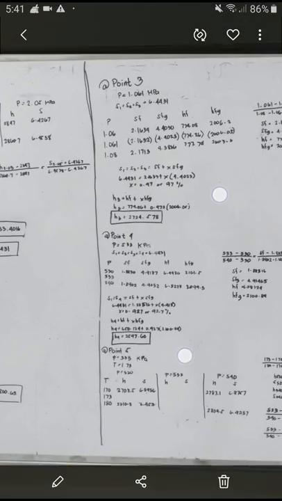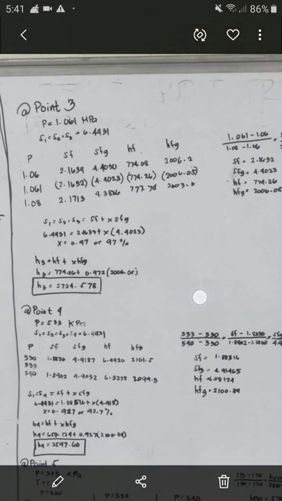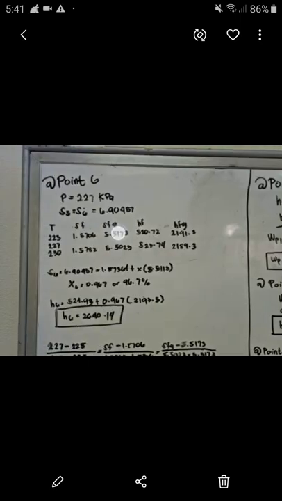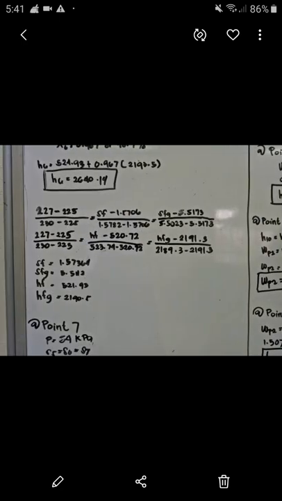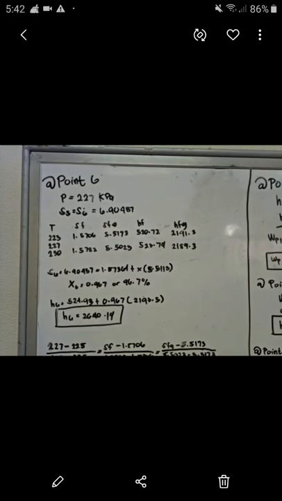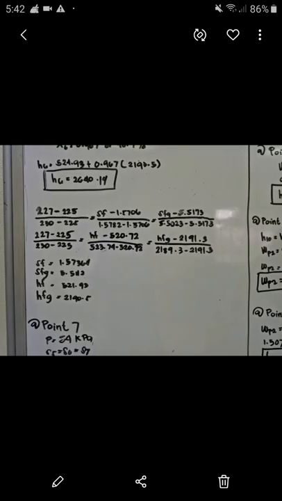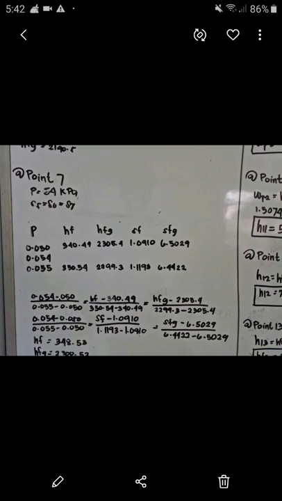At point 6, we have the given pressure of 227 kPa with a specific entropy of 6.90457. Using the same process as at points 3 and 4, we substitute and get H6 equal to 2640.14. Then at point 7, we have the given pressure of 54 kPa, with specific entropy 5 equal to specific entropy 6 equal to specific entropy 7.